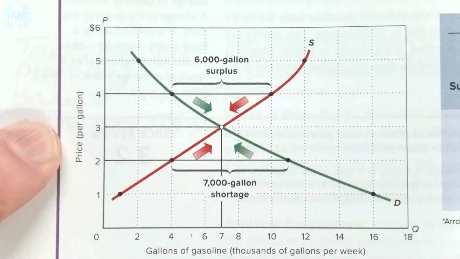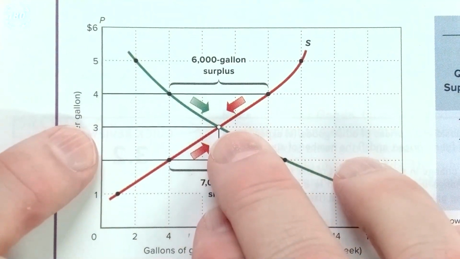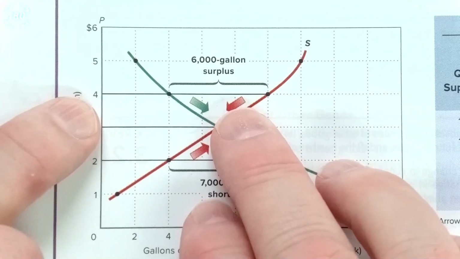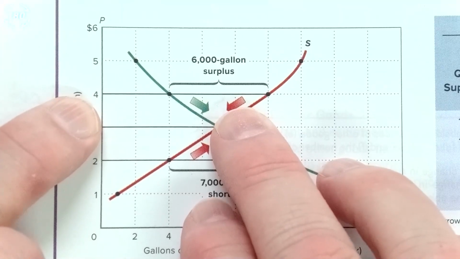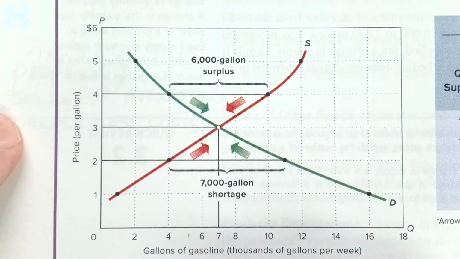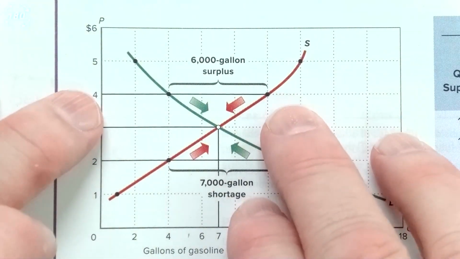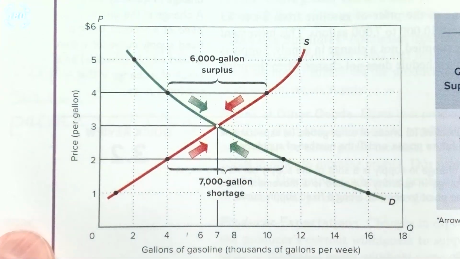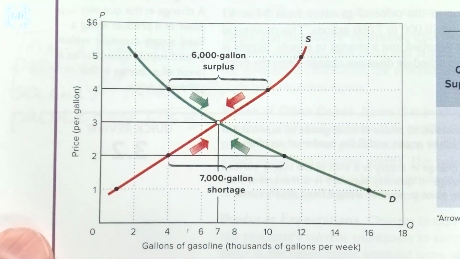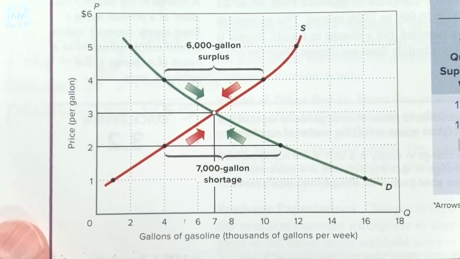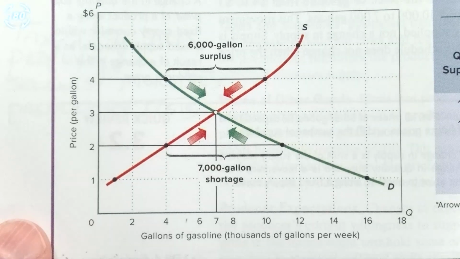Why? For instance, if the price of gasoline were $4 a gallon, the quantity supplied by this diagram is how many thousand gallons in a week? Can you tell from the diagram?